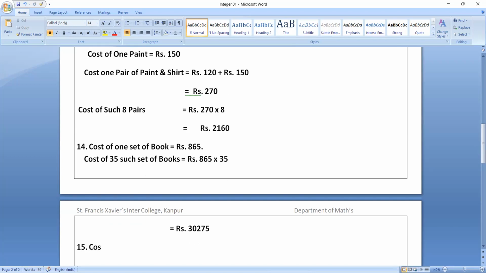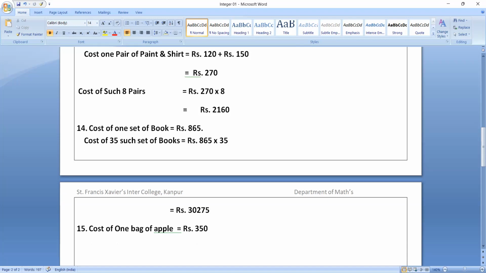Cost of one bag of apples is equal to rupees 350.